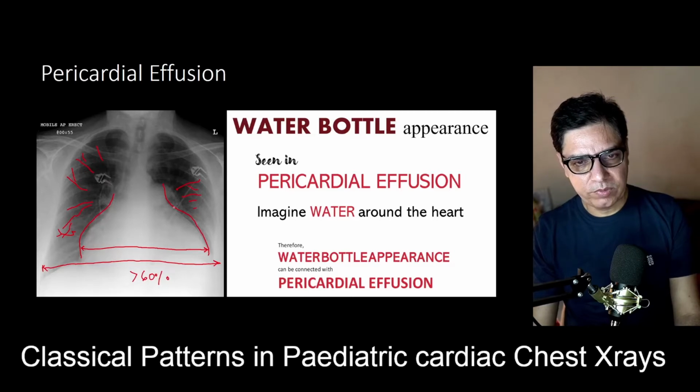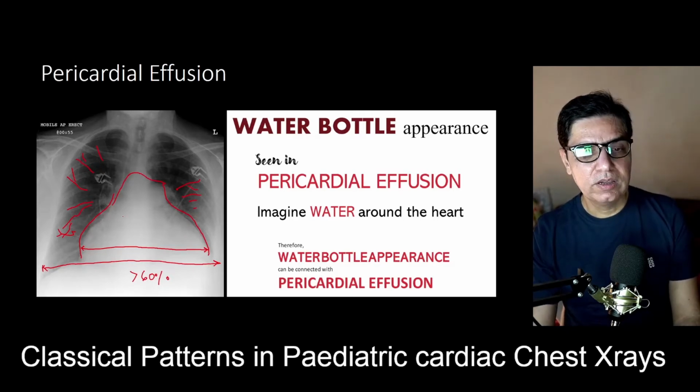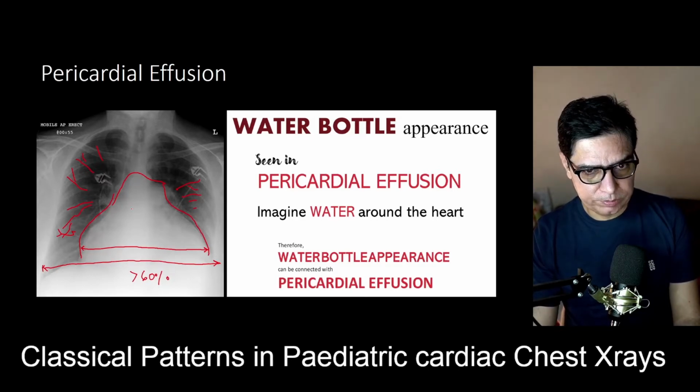So this type of X-ray is very much characteristic of pericardial effusion. So whenever you see a water bottle appearance like this with pulmonary congestion, you always think of pericardial effusion.